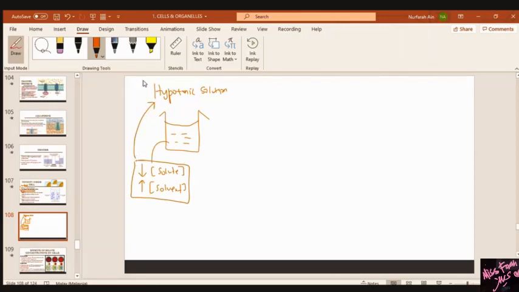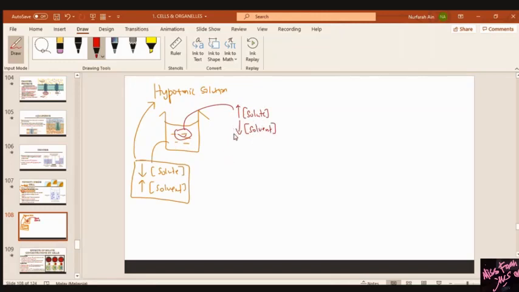So I have an animal cell, let's use a red blood cell. I put the red blood cell in here. In comparison to the hypotonic solution outside, the red blood cell would have the opposite conditions, right? So you would have higher solute concentration and lower solvent concentration.